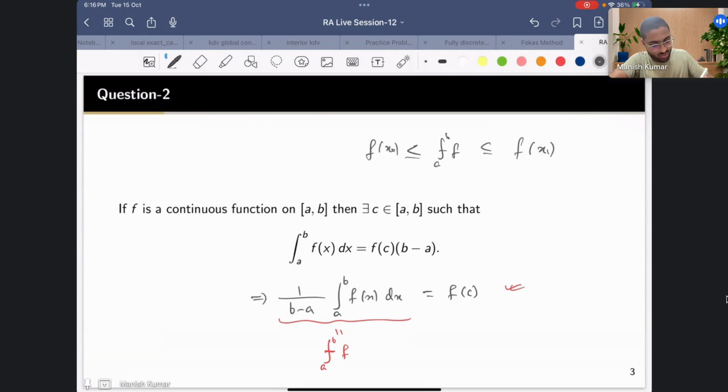If I can show that this average value lies between two function values, then you can directly use the intermediate value property of the function f, because it is a continuous function, to conclude this. So this is the main idea to prove this. You just have to use the intermediate value property and you will get this. Let's try to see how to do that.